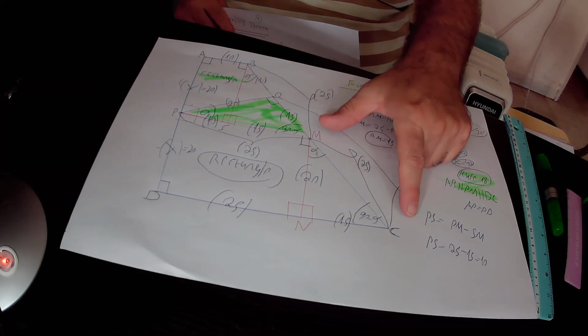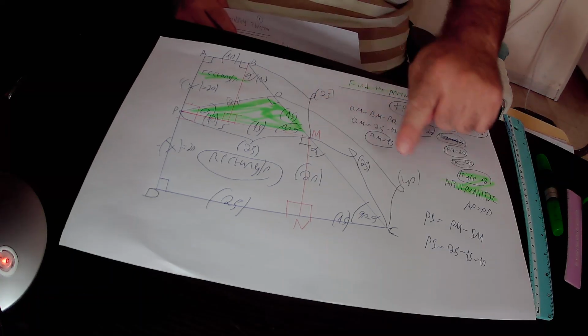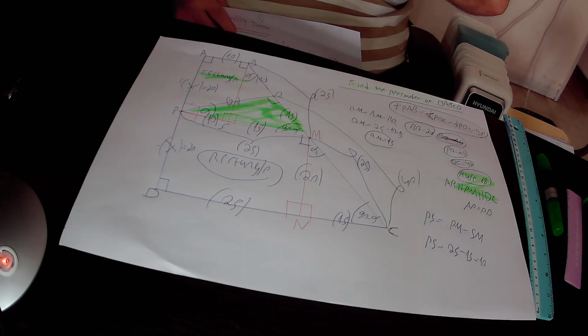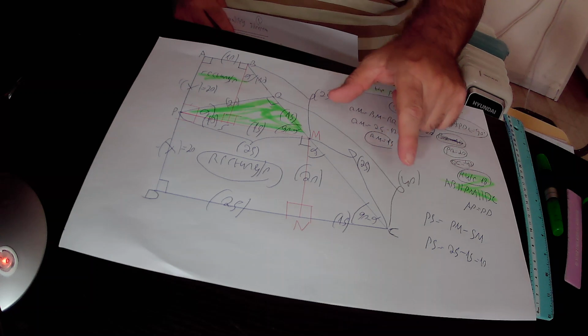BM equals MC. That is to say, at point M, BC is bisected into two halves. The first half is BM, the second half is MC.